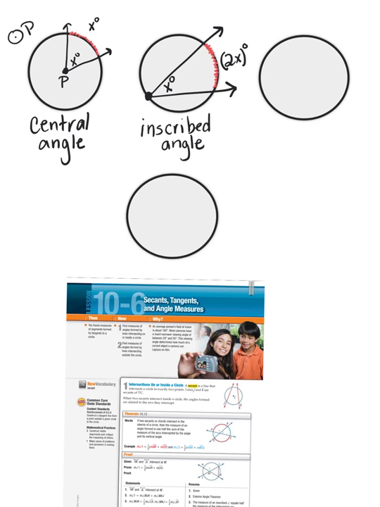Playing off of the inscribed angle, we have a special type of inscribed angle. We have an angle inscribed not just in the circle, but in the semicircle. So I'm going to put the circle, the center of the circle, and then I'm going to put a diameter in there as well.